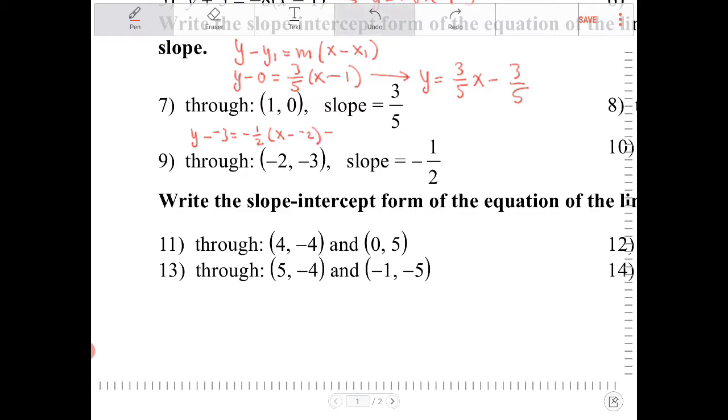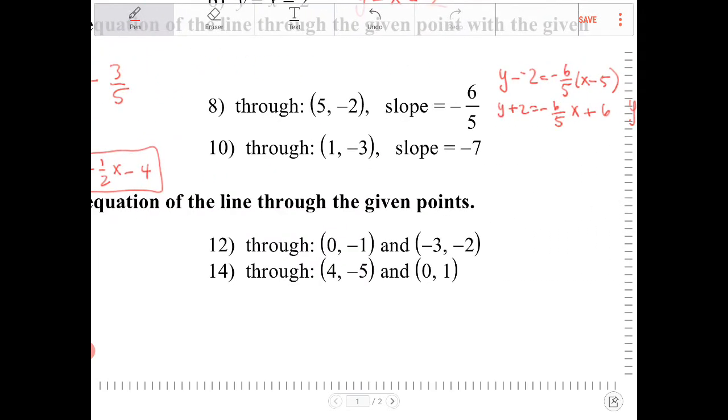So therefore, this becomes y plus 3 is equal to negative 1/2 x. I have triple negatives, right? Minus negative 2 becomes positive 2, but then negative 1/2 times positive 2 becomes minus 1. And finally, subtract 3 from both sides. I end up with y equals negative 1/2 x minus 4. So this is the answer to question 9.